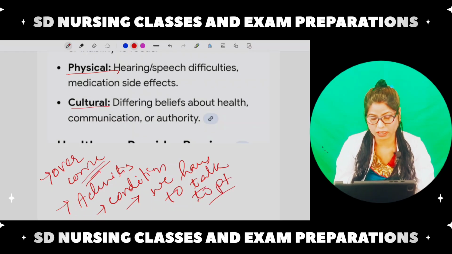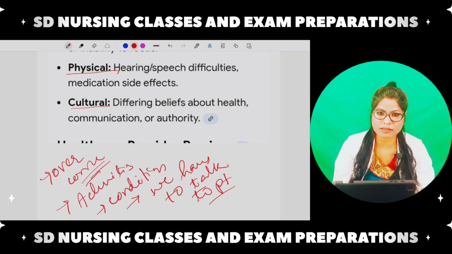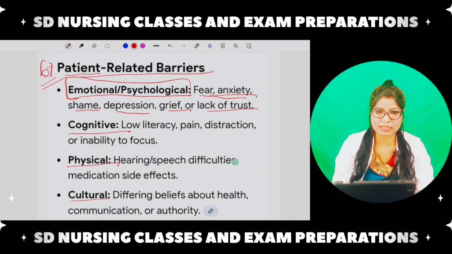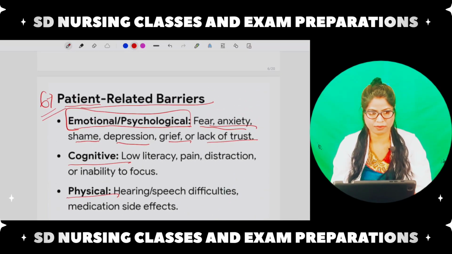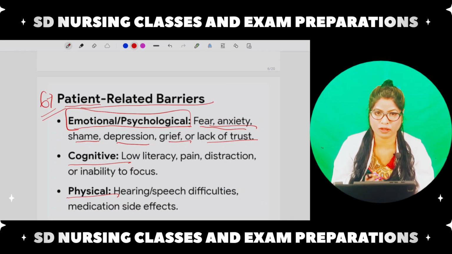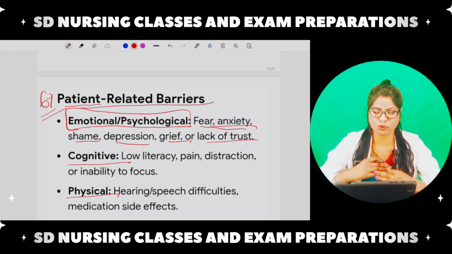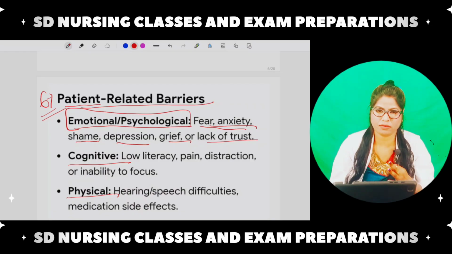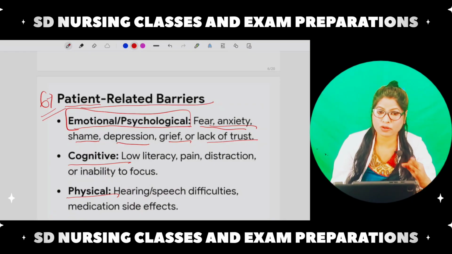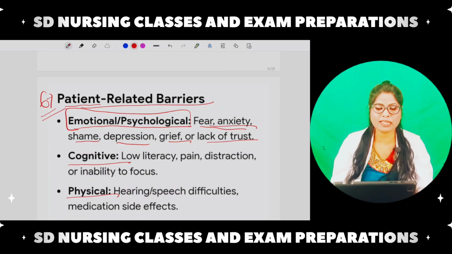If you know that the patient is very sensitive, and he is not at a stage where he can talk to us, because he has too much fear and feels ashamed to talk, maybe she is in deep grief, or she does not trust the nurse. So these things may occur.